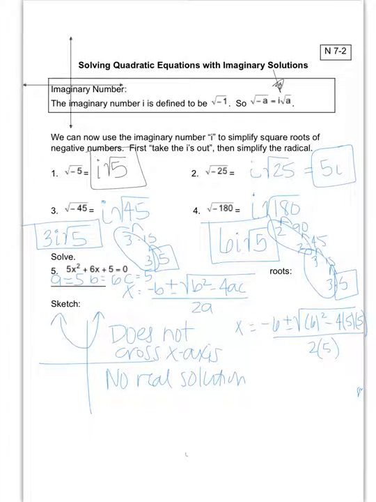Okay, so remember when we were doing this before, we were finding the number that was under the radical. So 6 squared is 36. And then 4 times 5, you get 20, times 5, so minus 100. So 36 minus 100 is going to give you negative 64.